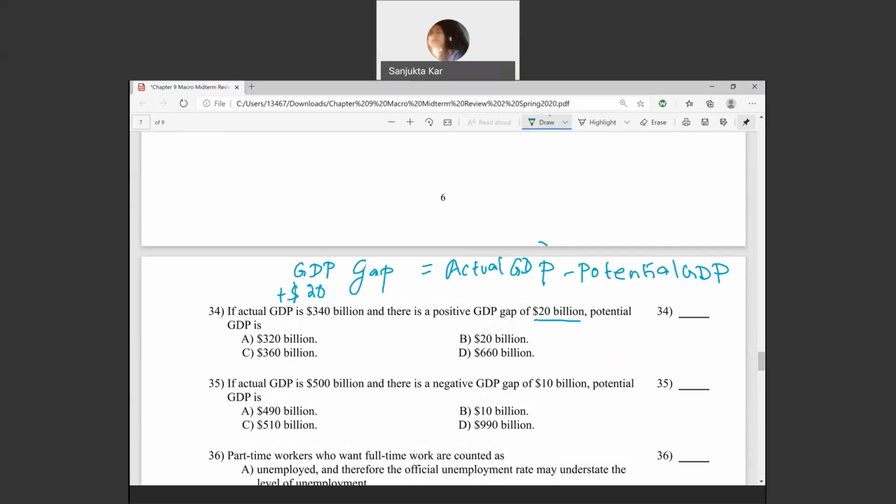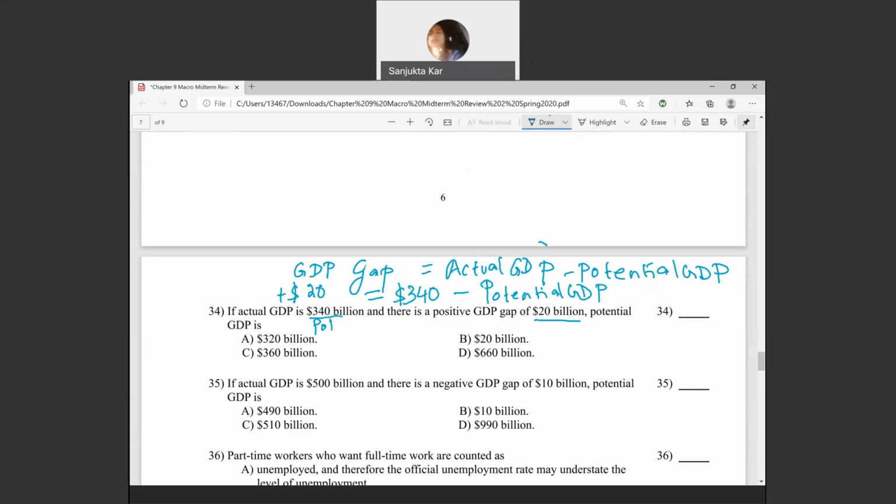This is equal to actual GDP, given to me as 340, minus the potential gross domestic product. Now, if I change sides, positive becomes negative.